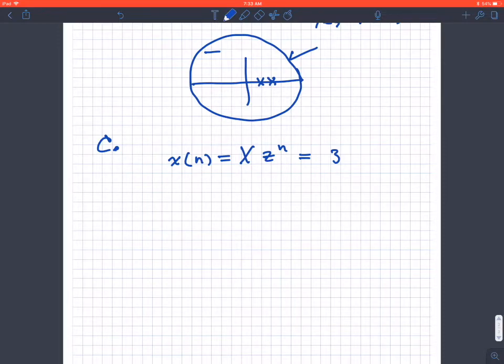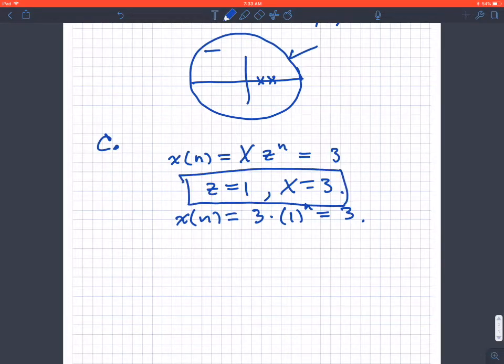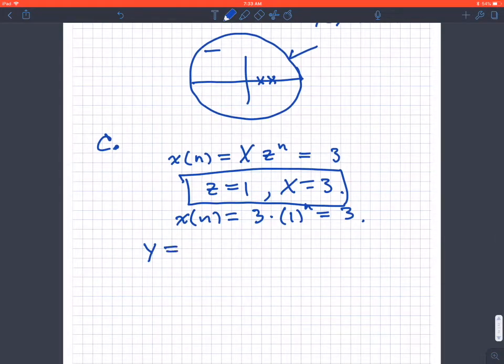Okay, so I think it's fairly obvious that if I put z equal 1 and x equal 3, that will do the job, because when I make those substitutions, I get 3 times 1 to the n, which is, 1 to the n is always 1, so this is 3. So it's the same type of deal. So if I start with the z value and the cap x value, I can find the steady state output form as y, because, I'm sorry, let me back up a second.